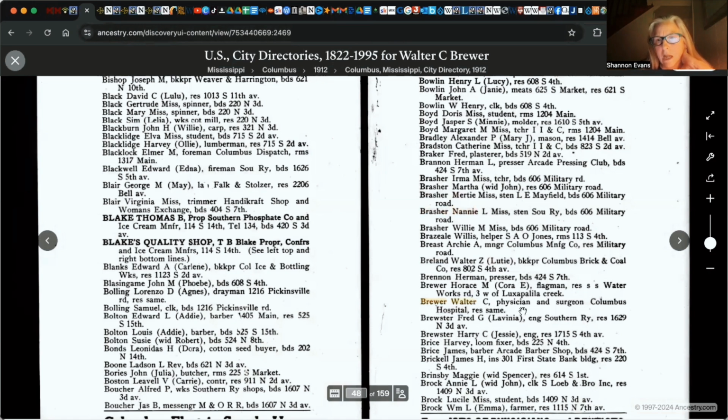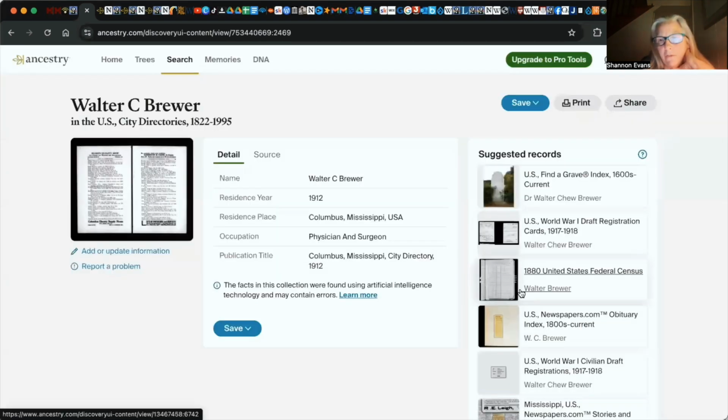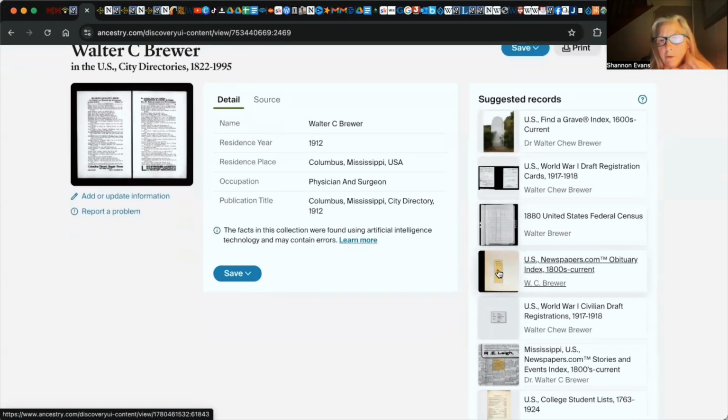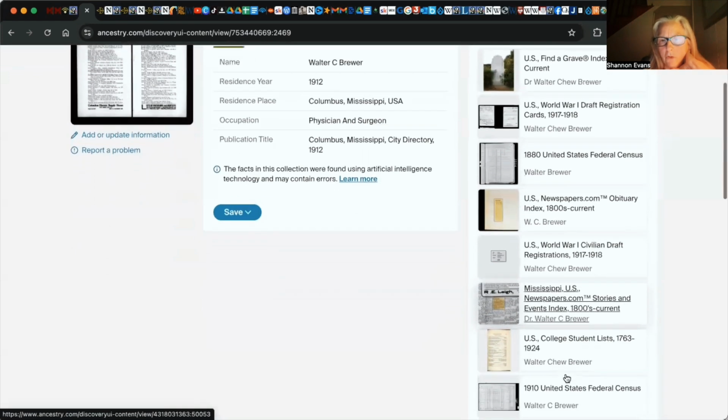He's listed as Walter C. Brewer, physician and surgeon at Columbus Hospital. So he owned Columbus Hospital. We know that from that obit we read. Let's see what else we can find out. So now we've seen that. Let's go see if we can find a full obituary. Here's a full obituary right here. There's a story.